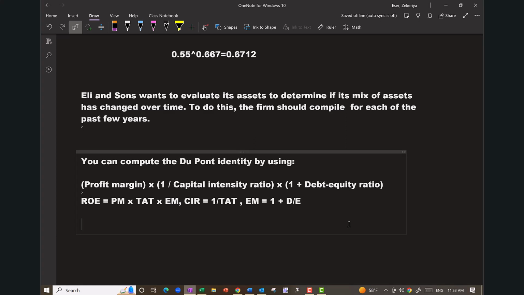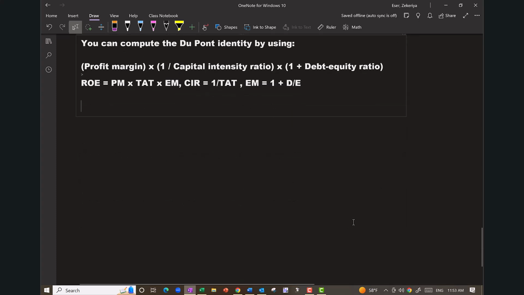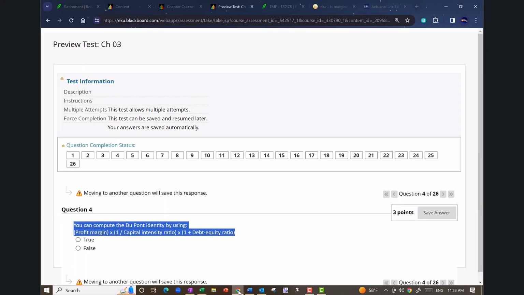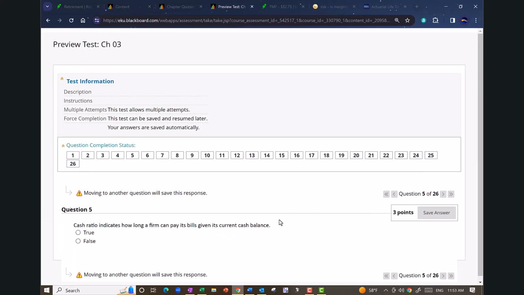Instead of 10 points, you may get up to 15 points. That's the definition.